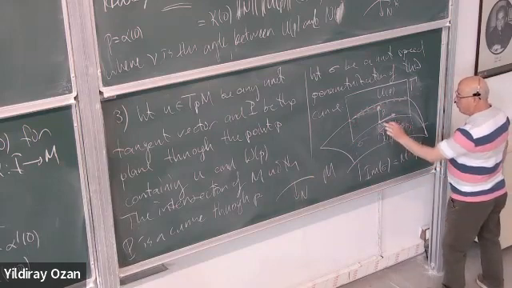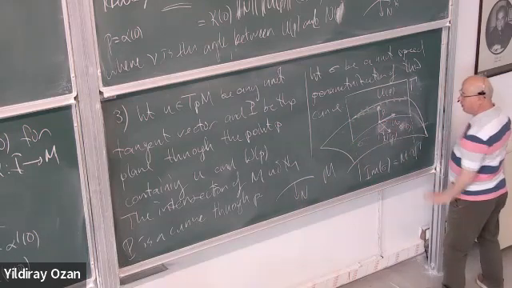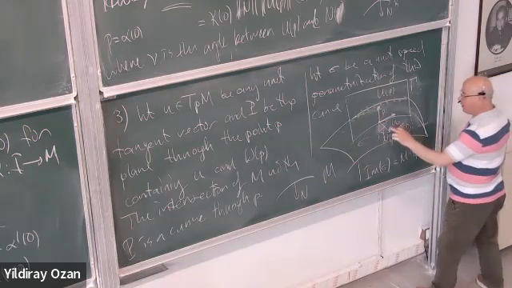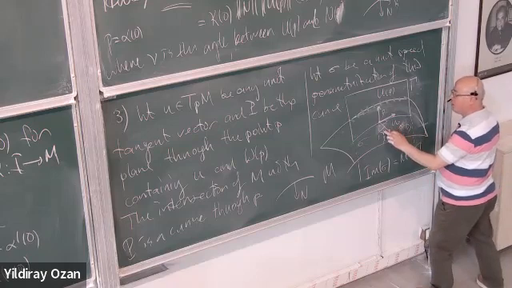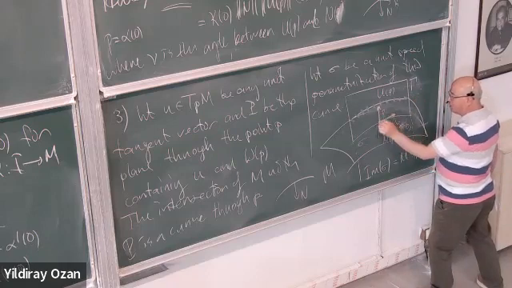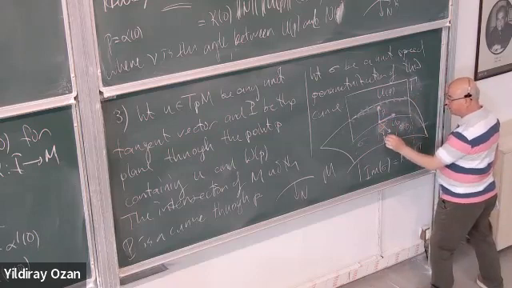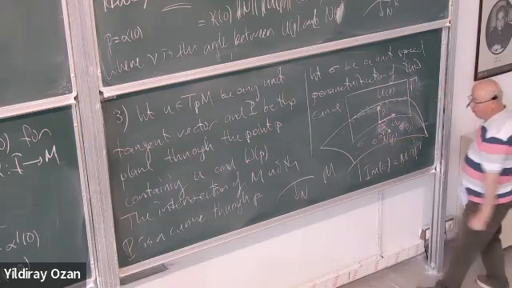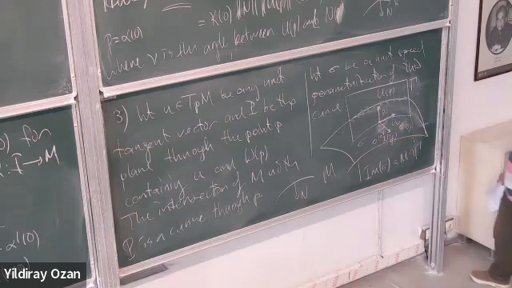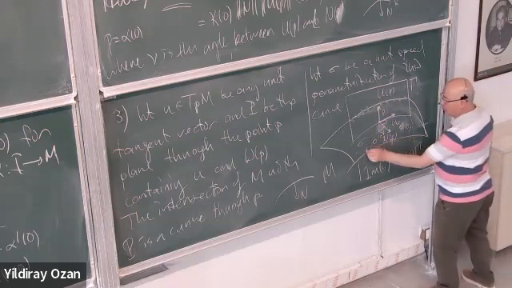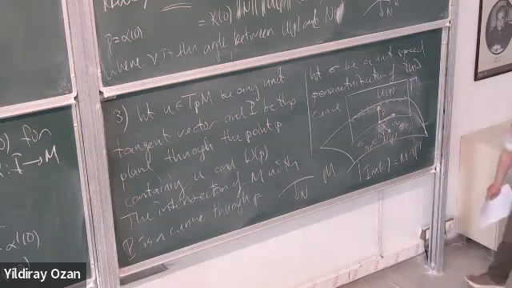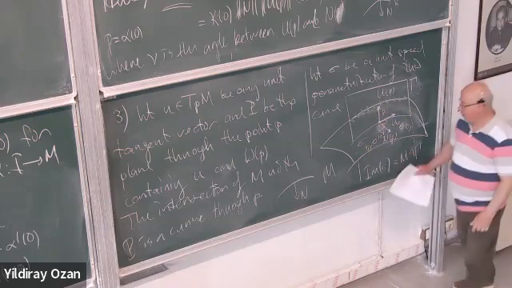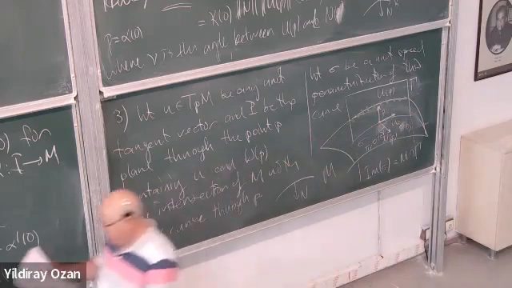Therefore, this angle has to be 90 degrees, but this vector also should be in the plane. Therefore, this N at P is either this vector or this vector. So this angle has to be 0 or 180. Okay, so let me write that down.